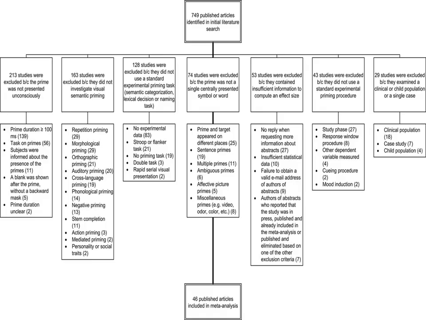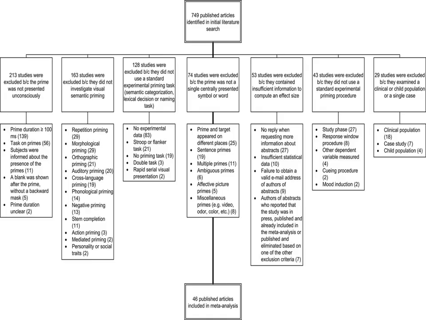And after excluding a lot of the studies, only 46 articles remained in our data set. So the final meta-analysis included only 46 published articles. You see that we started from 749 studies and we ended up with only 46 published articles. This is not uncommon. Sometimes we even have many more hits.